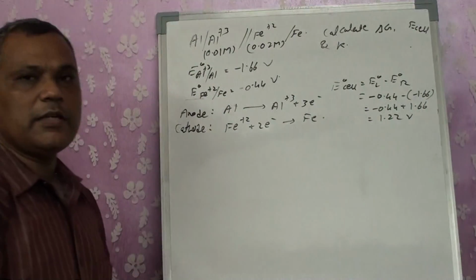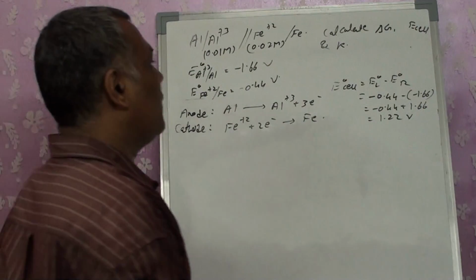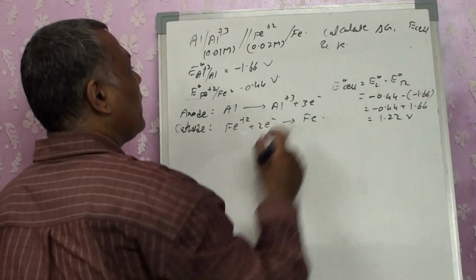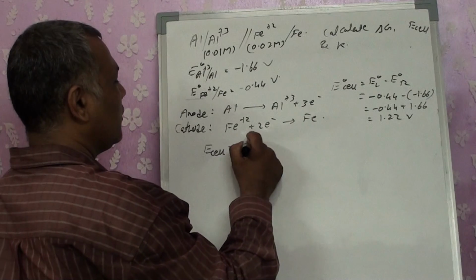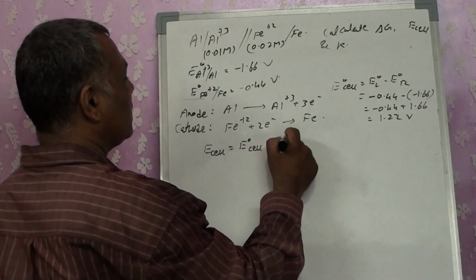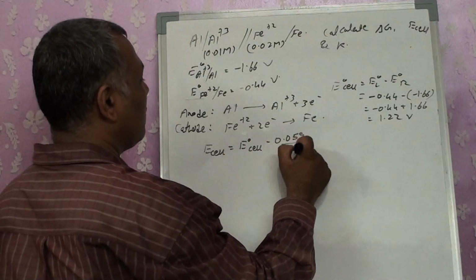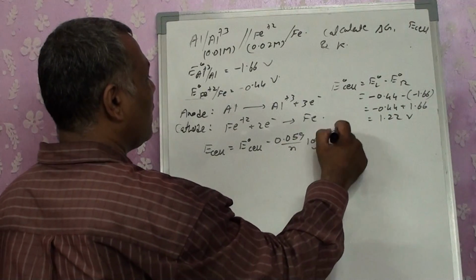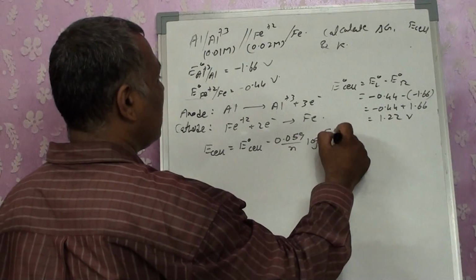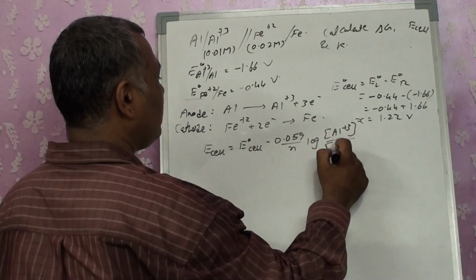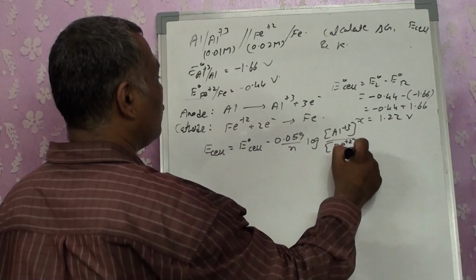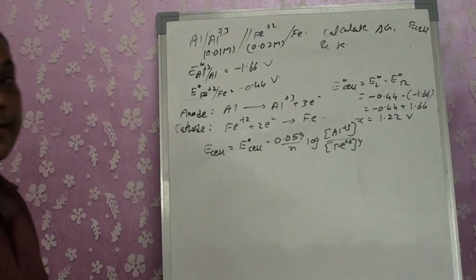We got E naught cell, right? Once we get E naught cell, can I calculate E cell? E cell is equal to E naught cell minus 0.059 by n log of [Al3+]^x over [Fe2+]^y, right?